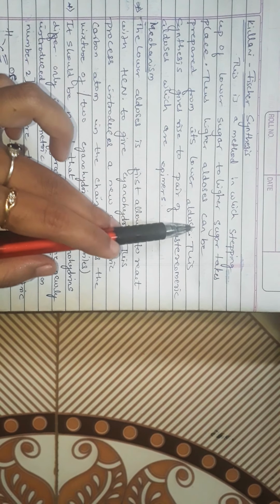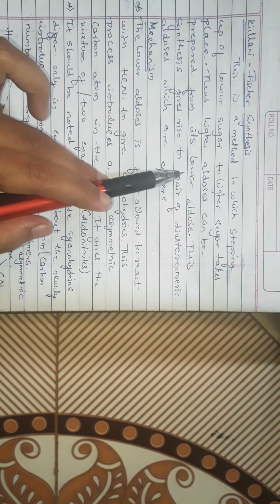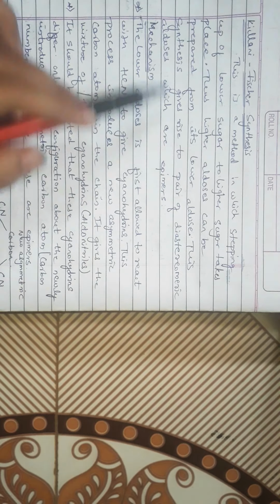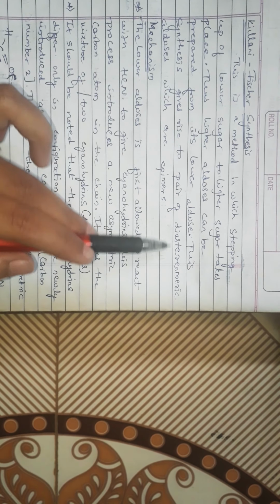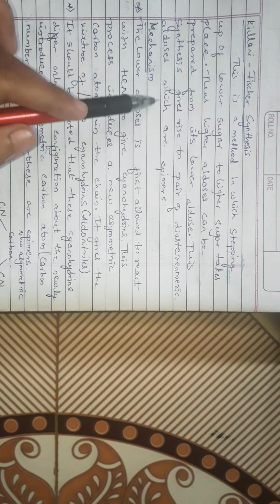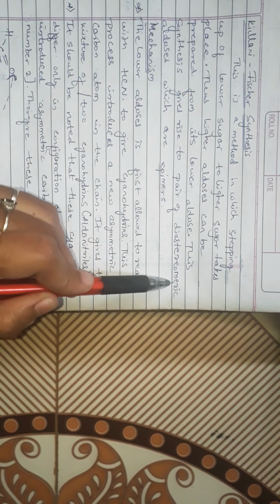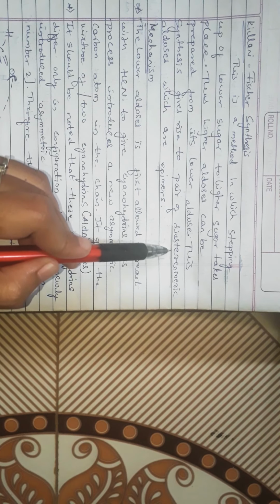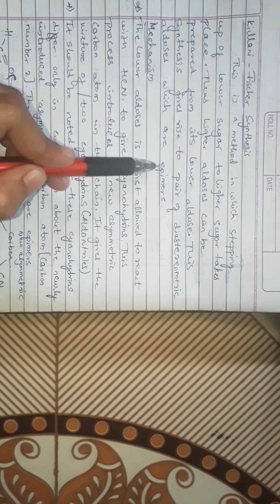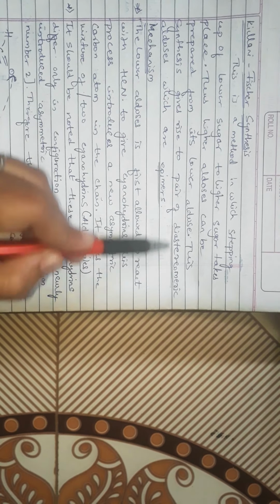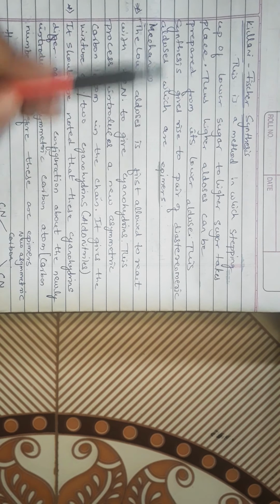Higher aldoses can be prepared from their lower aldoses. This synthesis gives rise to a pair of diastereomeric aldoses which are epimers. Here you have come across these two terms. Diastereomeric aldoses means what?